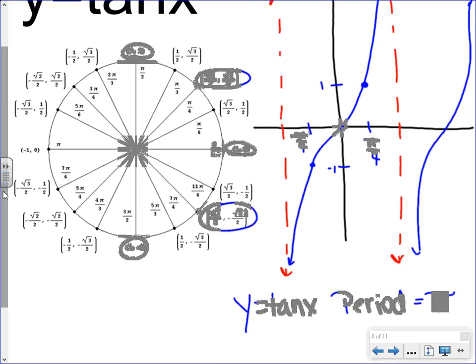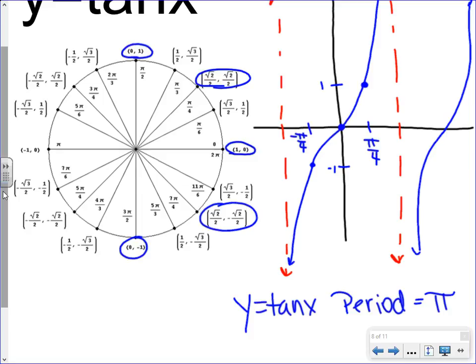Also, is the tangent curve a wave? Yes or no? No. Therefore, this also does not have amplitude. Okay? The A will be important, but tangent does not have amplitude.